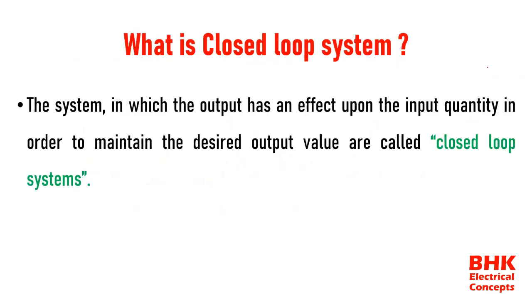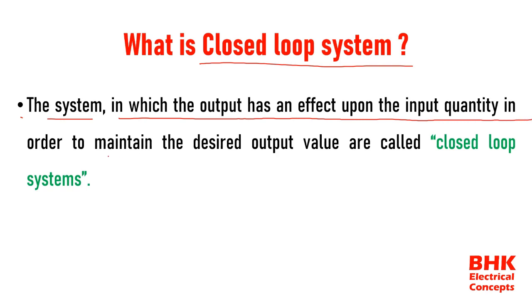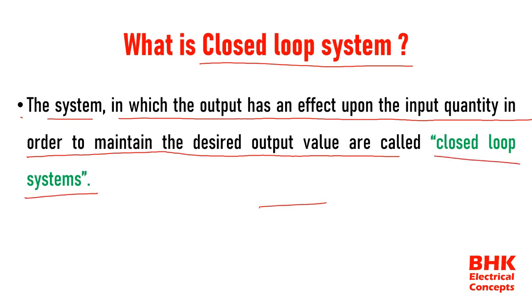Now coming to what a closed loop system is. The definition of a closed loop system is: the system in which the output has an effect upon the input quantity in order to maintain the desired output value is called a closed loop system.